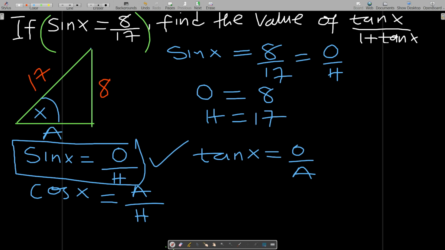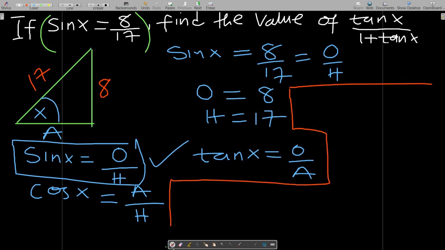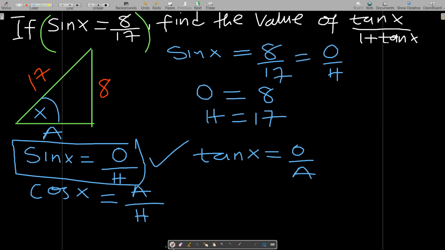But we know from basic ideas in right angle triangle that, with the help of Pythagoras theorem, the hypotenuse squared is equal to the opposite squared plus the adjacent squared.